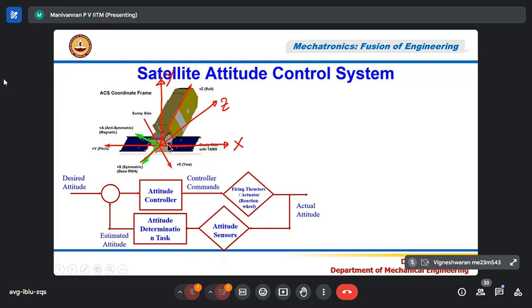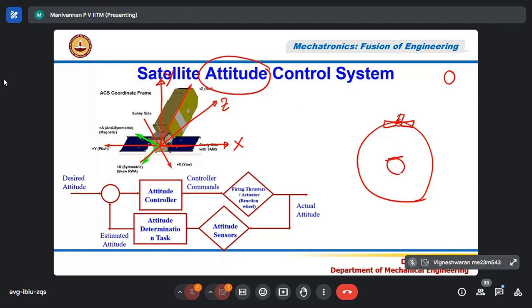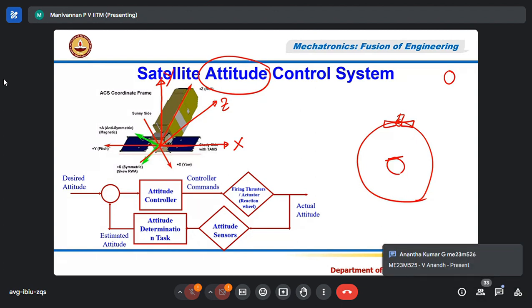Once it is launched, this is my solar panel, this is my satellite, and it has to maintain this orientation with respect to the Earth surface and also the sun. So that is called attitude control. In the x direction, what angle, y direction, what angle, z direction, what angle, also maintaining this height. Correct? It also follows a circular path. That is called attitude control.